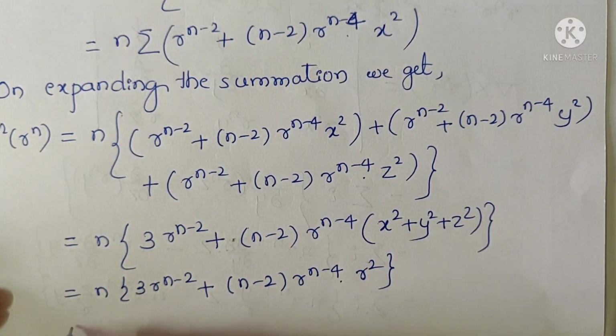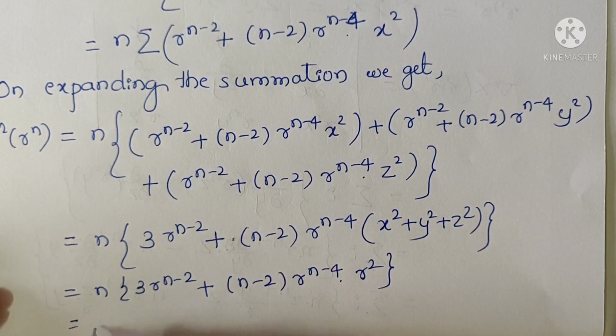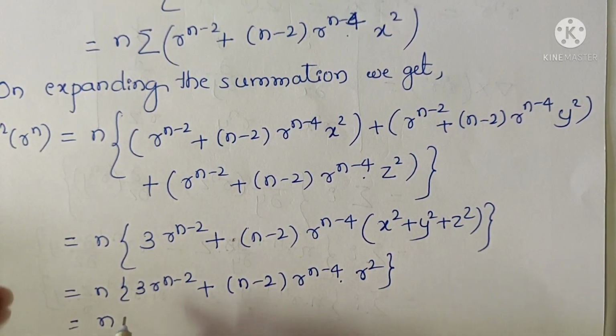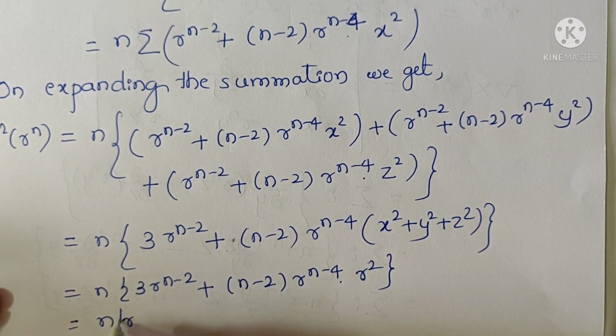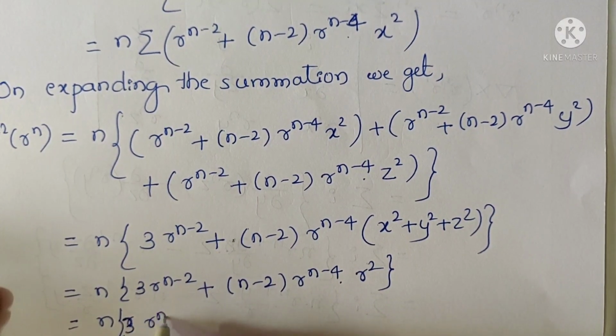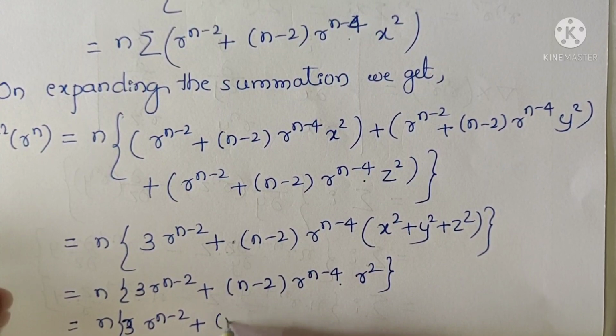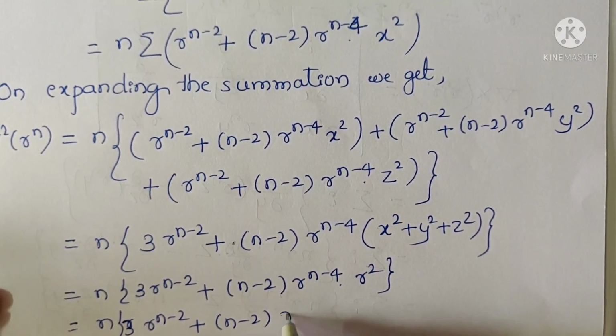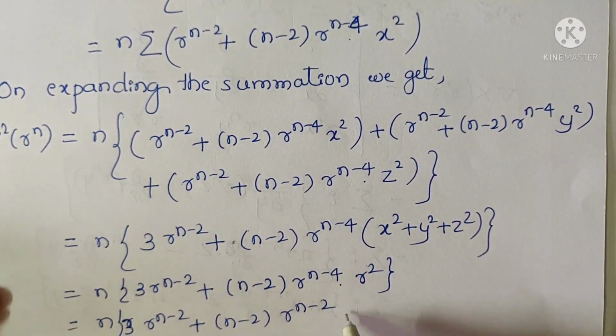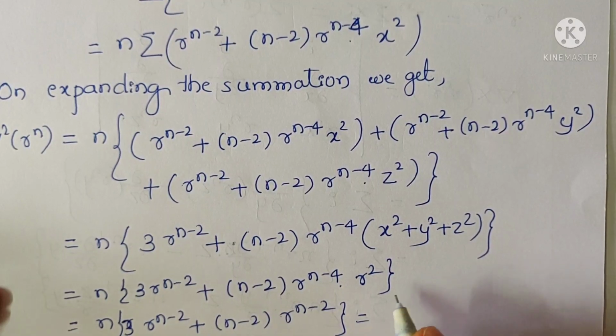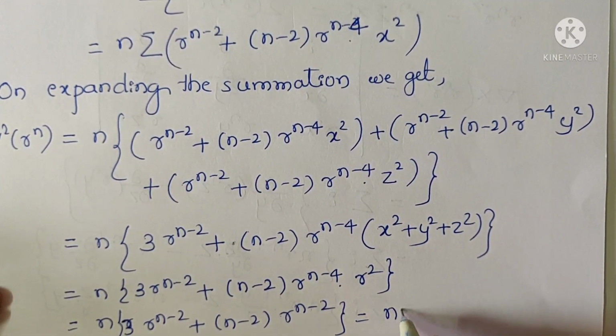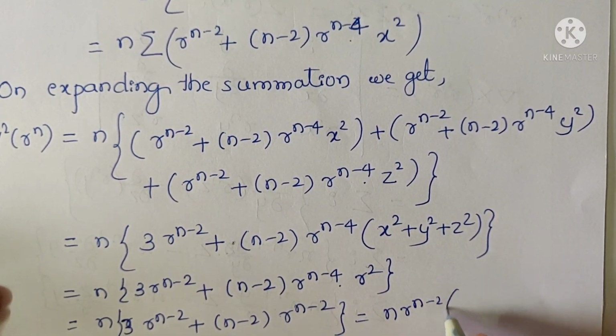So this is n into 3 times r raised to n minus 2 plus n minus 2 r raised to n minus 2. So this is n into r raised to n minus 2 common.